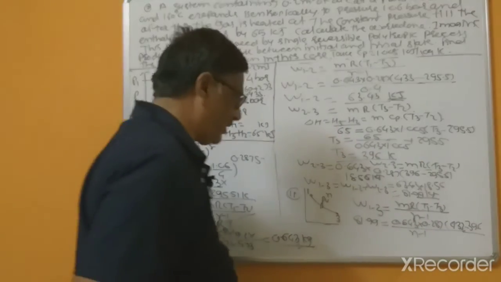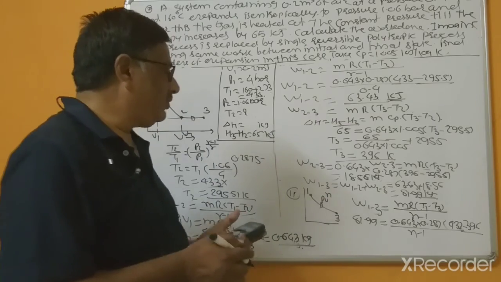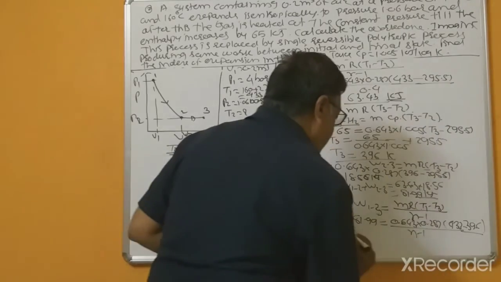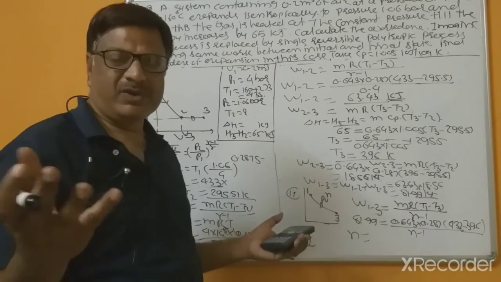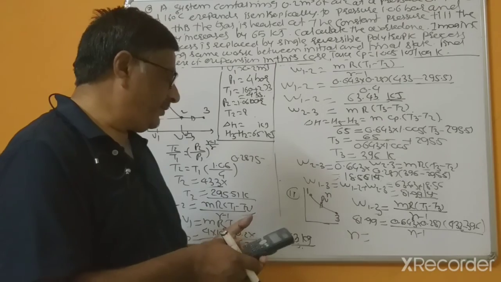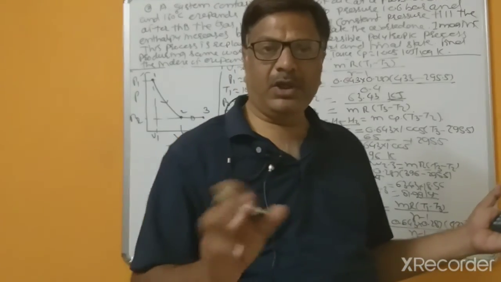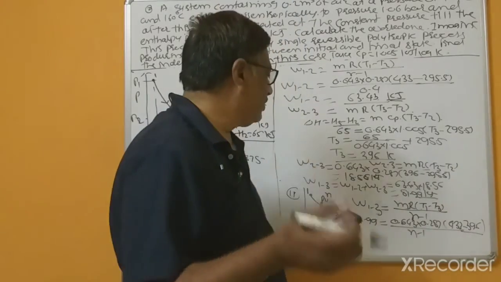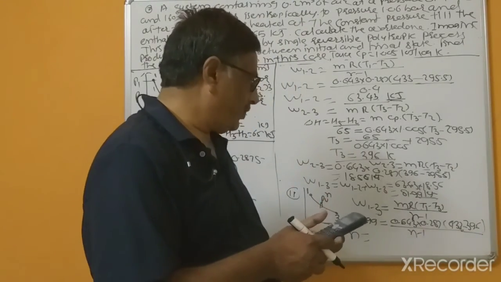Cross multiplying, you will get n. The value of n may be 1.2, 1.3, 1.4, 1.5 etc. If you get n near about 1.4, it means your calculation is correct.